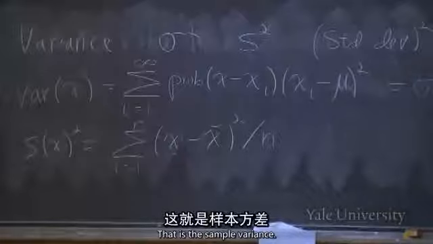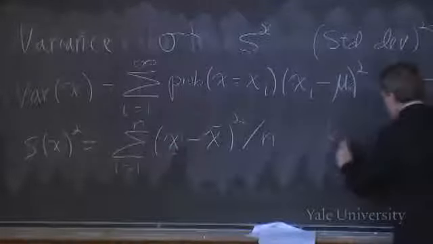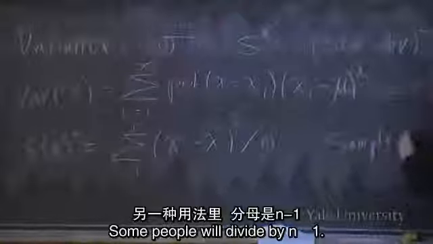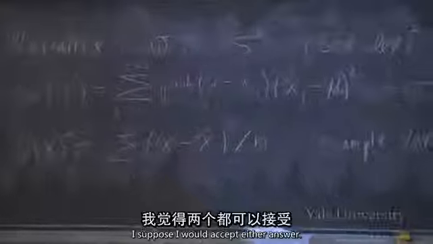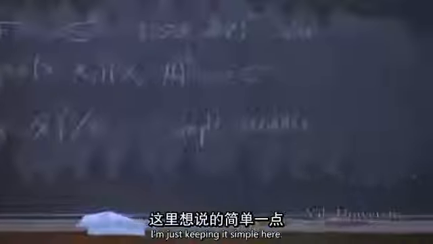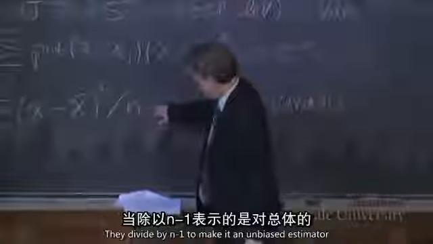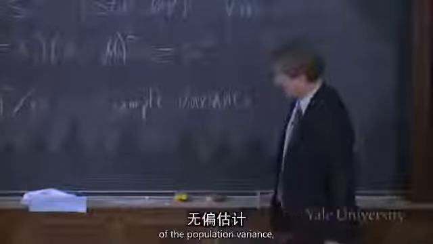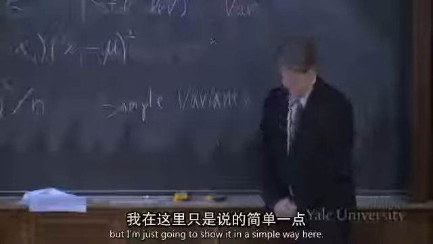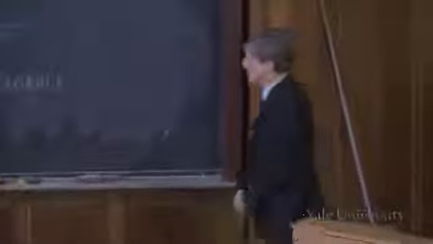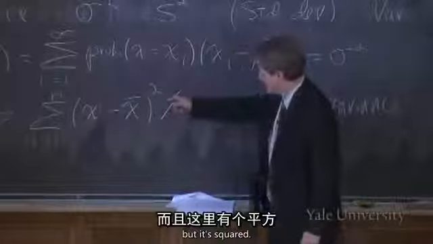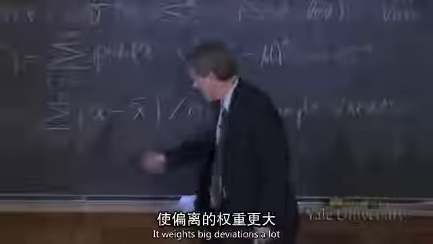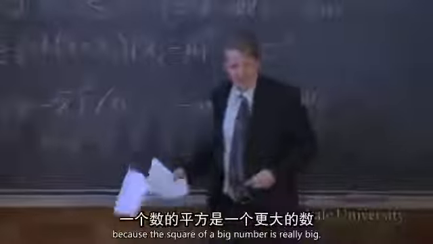Now, some people will divide by n minus 1. I suppose I would accept either answer. I'm just keeping it simple here. They divide by n minus 1 to make it an unbiased estimator of the population variance, but I'm just going to show it in a simple way here. So you see what it is. It's a measure of how much x deviates from the mean. But since it's squared, it weights big deviations a lot, because the square of a big number is really big.